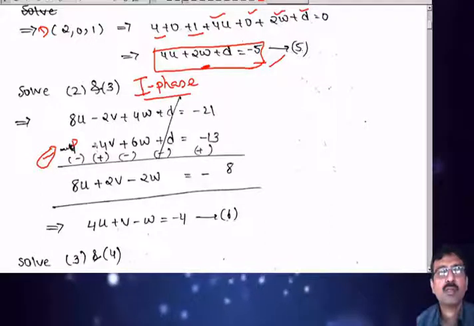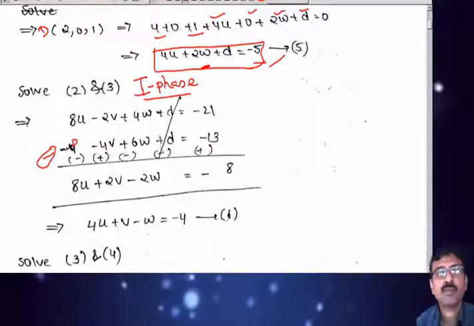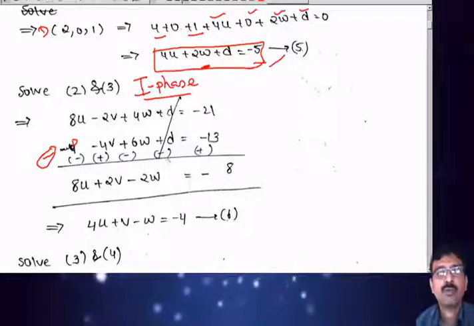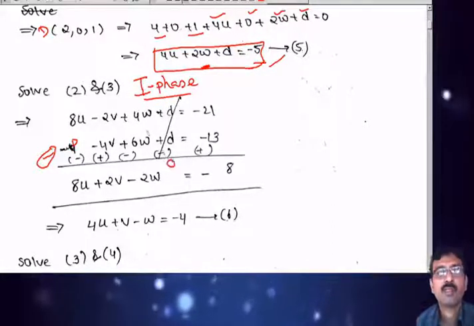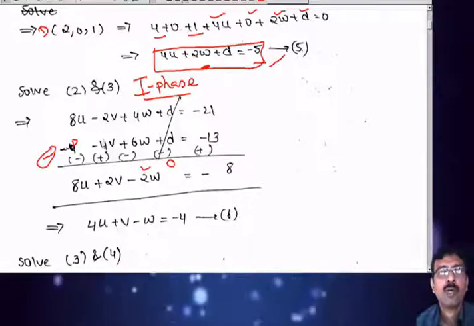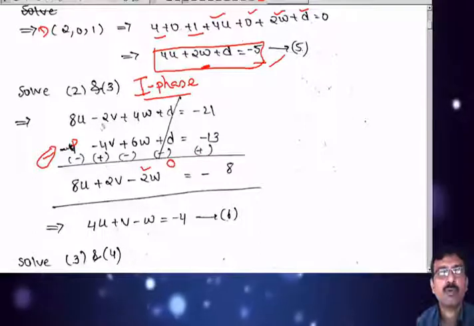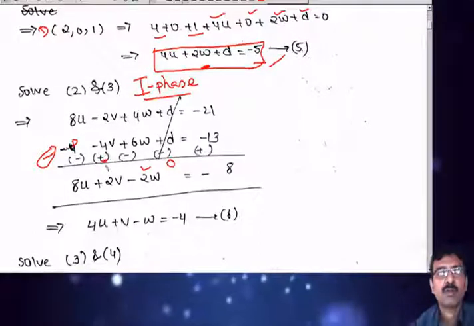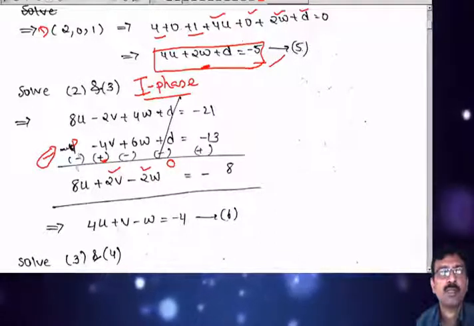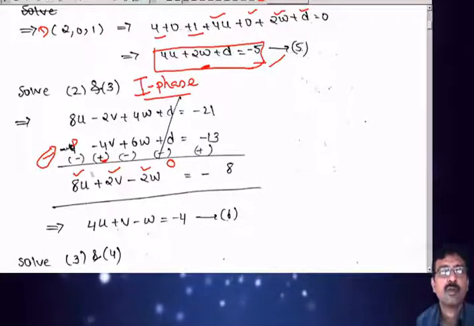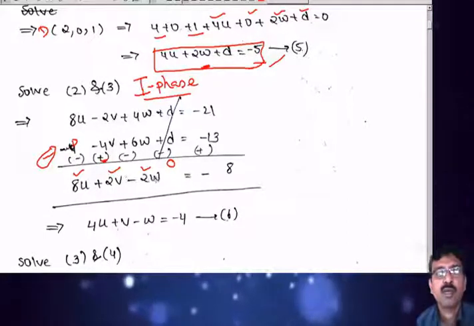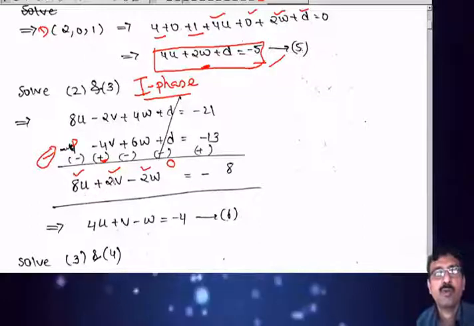So here minus d plus d is 0, u 4 minus 6 minus 2, minus 2 plus 4, we cancel, plus 2, and 8 minus 0 plus 0, 8u. Here we got an equation, 8u plus 2v minus 2w equal to 8.